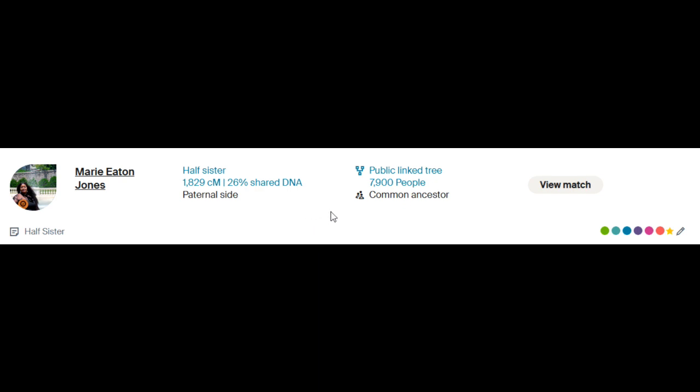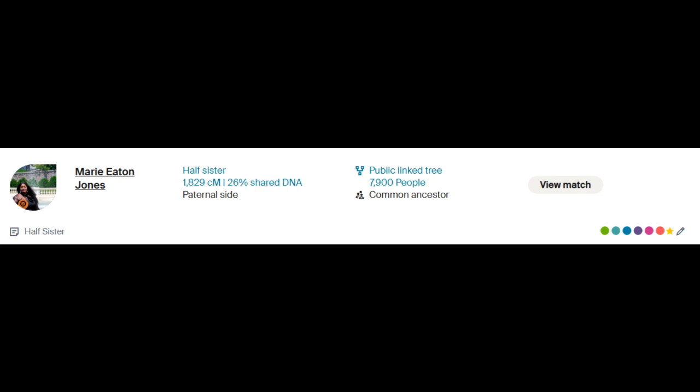All right, so what is a CM? CM stands for centimorgans. A centimorgan is a unit of genetic measurement. It's what experts use to describe how much DNA, and the length of the specific segments of DNA, you share with your relatives.